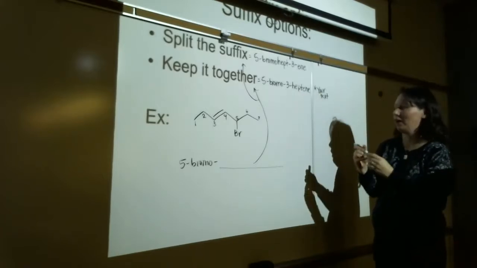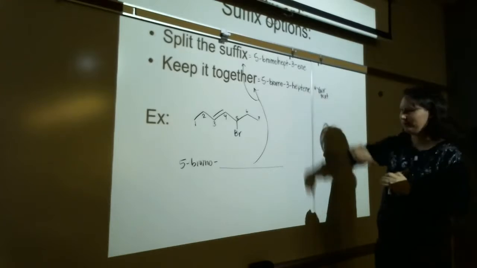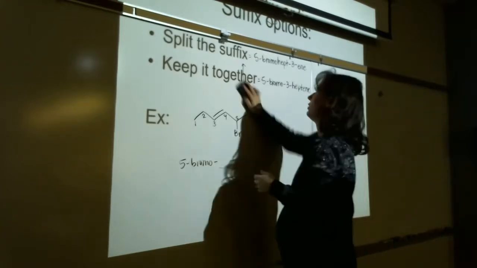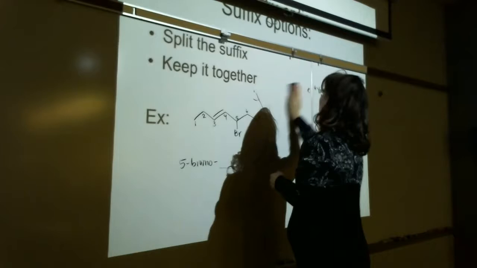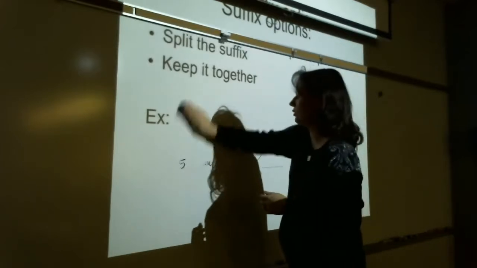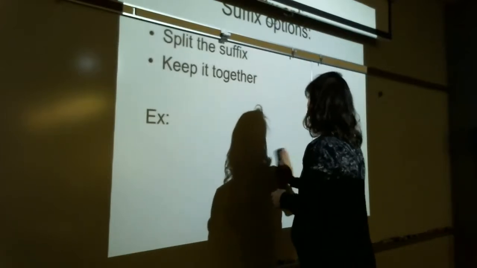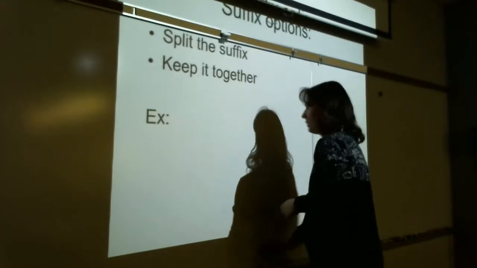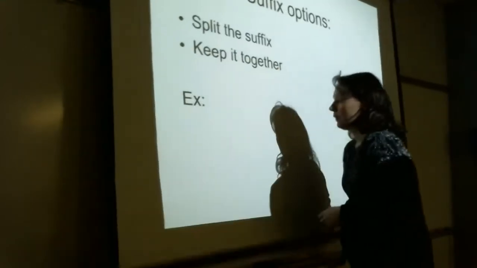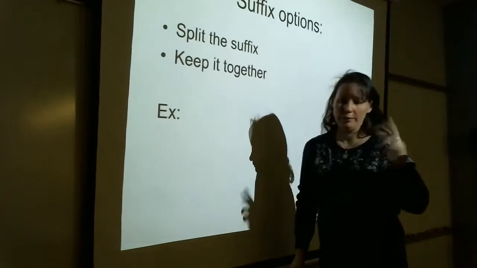That rolls off the tongue a lot more easily than that does. But I'll accept either one for your suffix options. Does that make sense? So you can do it either way. I'm happy regardless of your decision there. And I'm pretty sure your online homework will accept both as well.